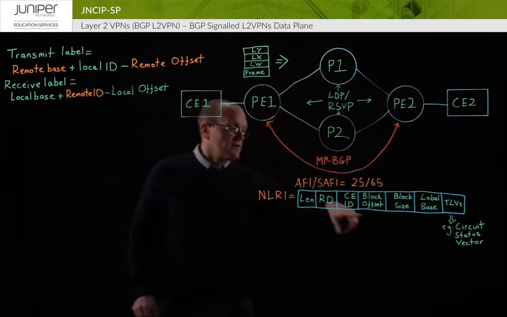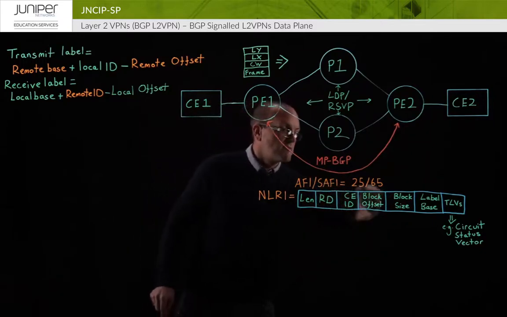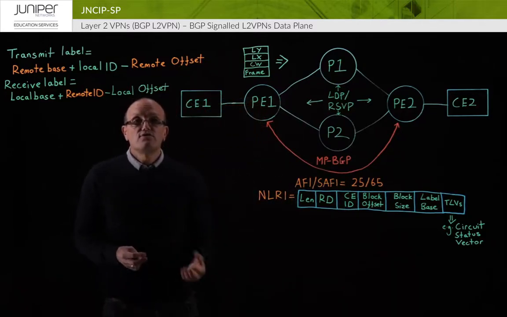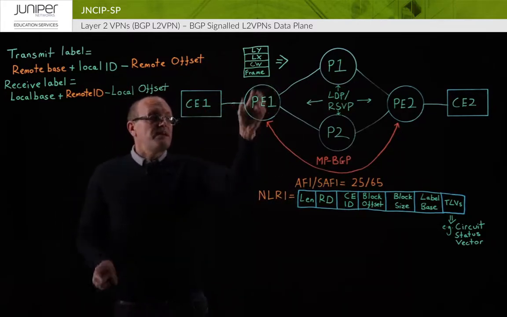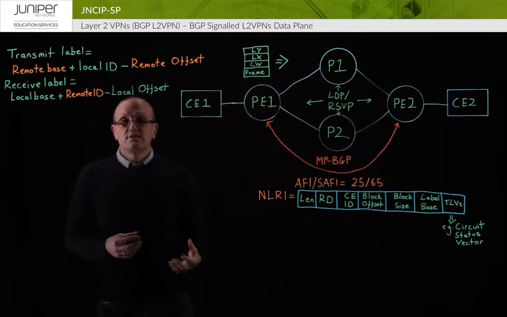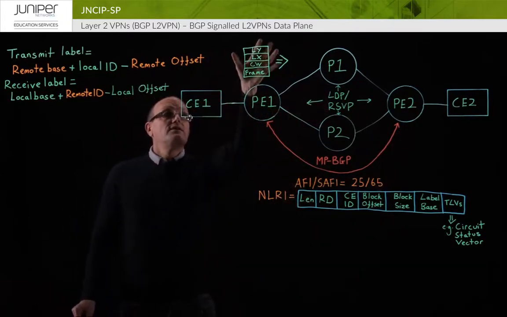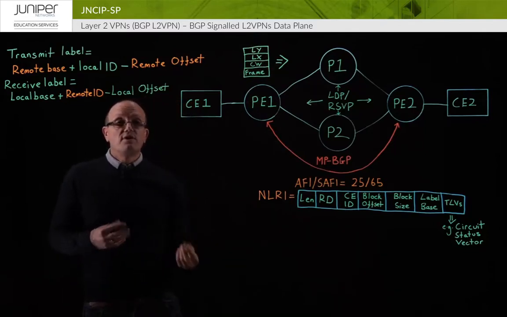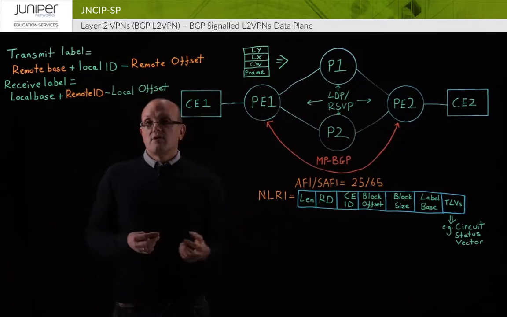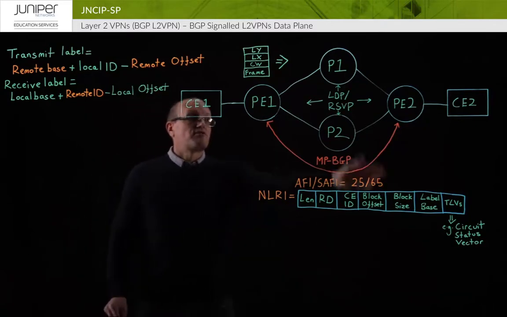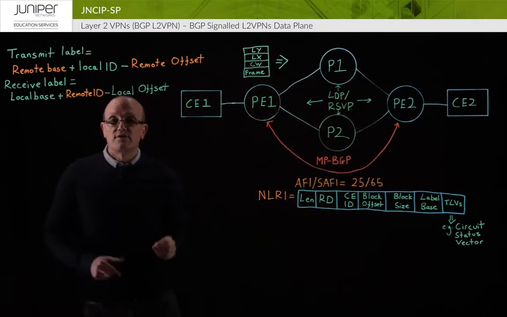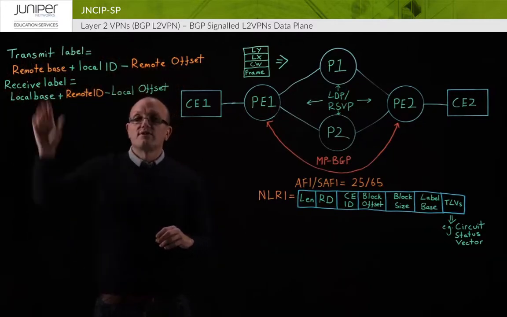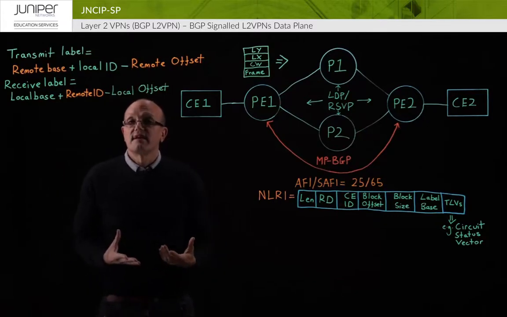And the CE ID and these label block values, all contained within the NLRI, are used by the PEs to calculate the label to apply to a packet for transmission, and also to calculate the label that should be received when that packet has been received from the MPLS core for transmission onto the CE. And so these are the rules that are used to calculate that data plane state.